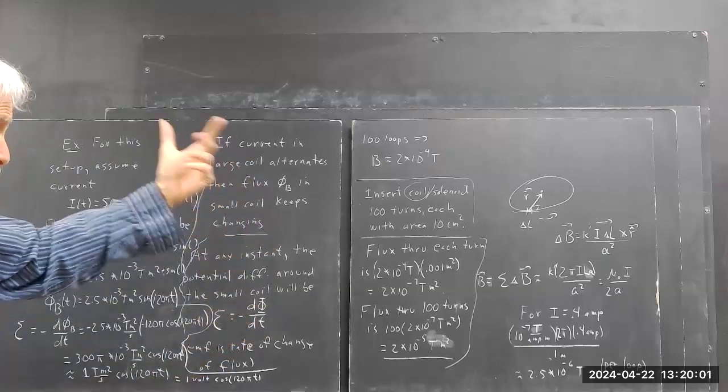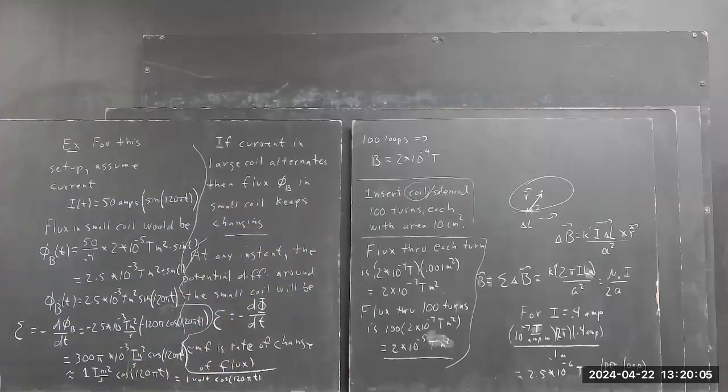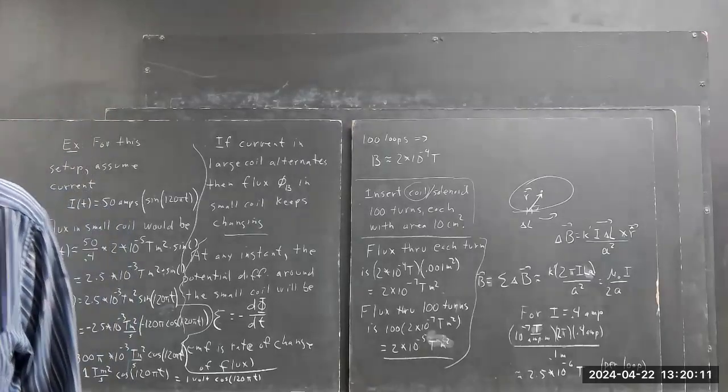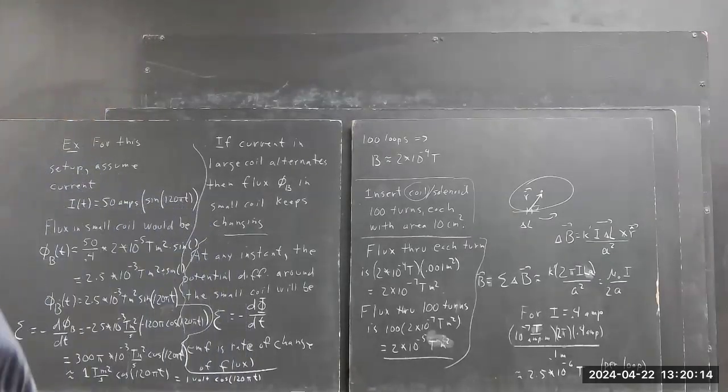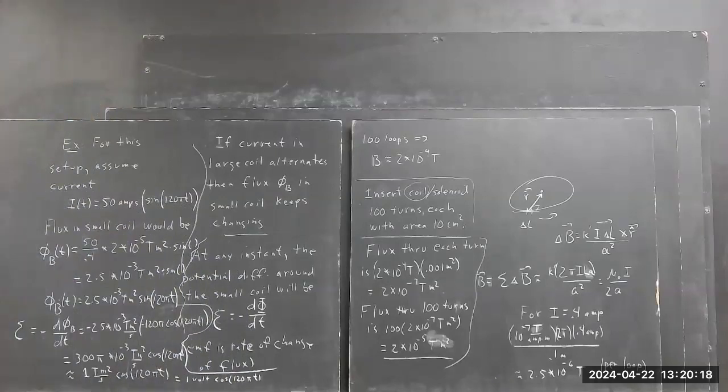What would change in all these calculations, starting over here? What changes if our secondary coil, the one that was small, gets bigger?